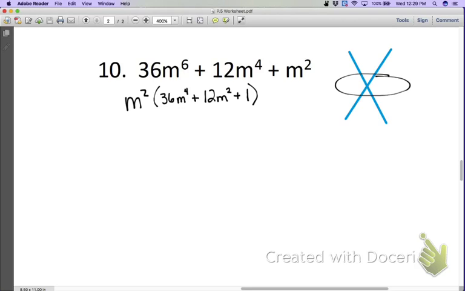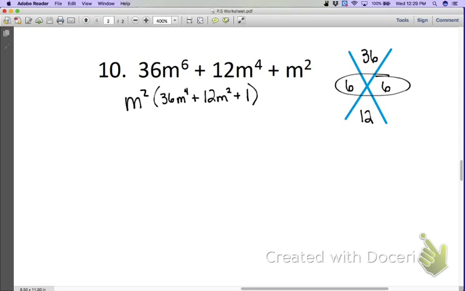So, first term, 36 and 1 multiplied together is 36. Middle term is 12. So, let's get our wings. Two numbers that multiply together to give me 36 and combine to give me a positive 12.